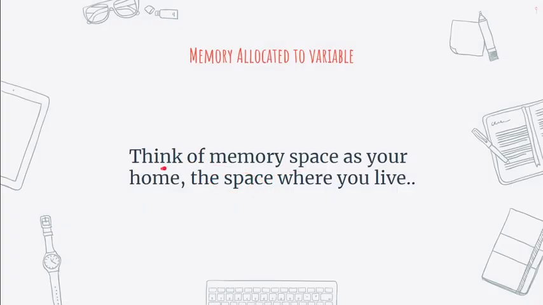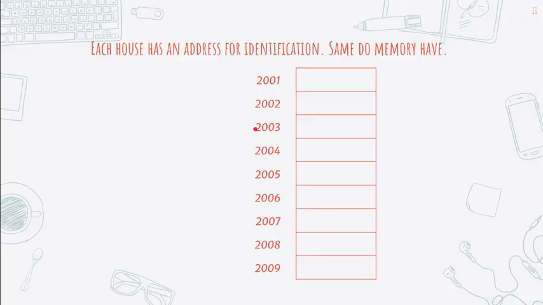Okay, so think of memory as a home, the space where you live in. The place where your home is has a certain area that is fixed, which you either purchase from the government or from any individual, but you have to define the area in which you are living.